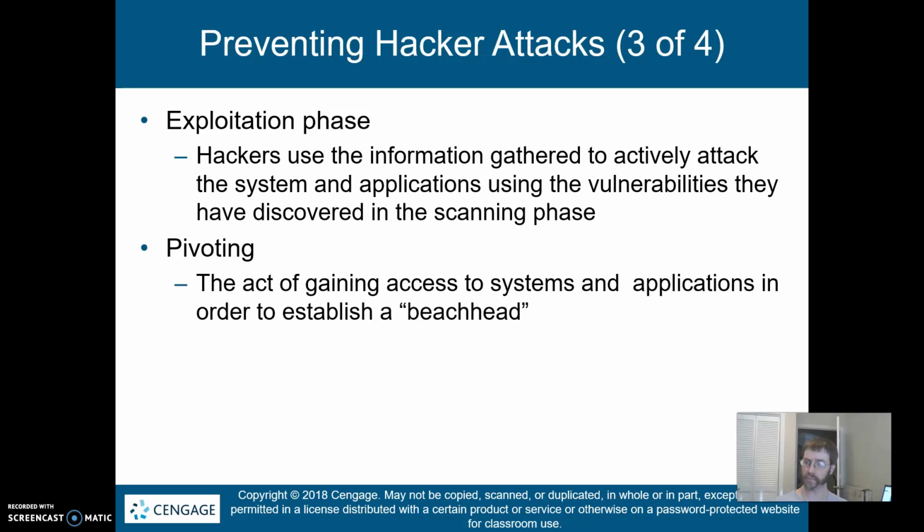And what we mean really by pivoting itself is a multi-stage operation. Step 1 is to get in. Step 2 is to escalate privilege. Step 3 is to consolidate control. This is actually something that advanced persistent threats will sometimes do. They'll get into a target. For example, you deploy a piece of APT software onto a computer for the sake of turning it into a bot or a zombie.